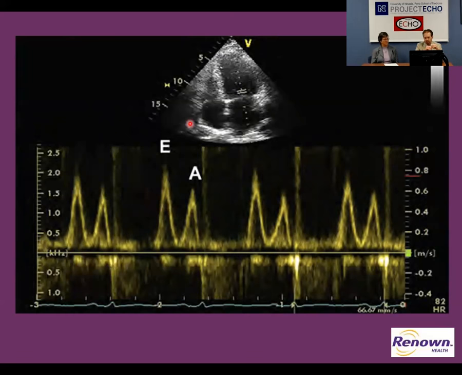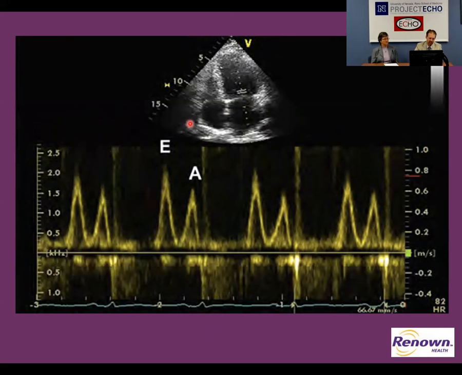What we've since learned is that the E to A ratio, as you see it there, is affected by how much volume overload you have at the time this study is done. So people may be relatively diuresed, they may be relatively volume overloaded when they get their echocardiogram, and on the basis of that, they may have a normal E to A wave or an abnormal E to A wave based on how much extra fluid they have in their body at that time, or lack thereof.